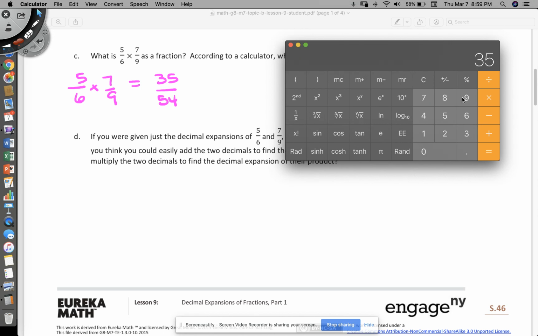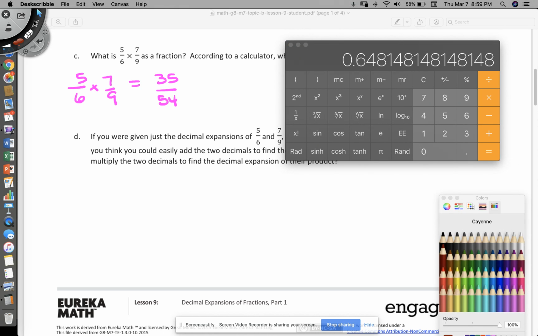We're going to say 35 divided by 54, and I get 0.648148148. So we have a pattern, but it definitely broke for a little while there. So our final answer here is going to be 0.648 and then 148. All three of those are repeating, so the bar goes over all three.